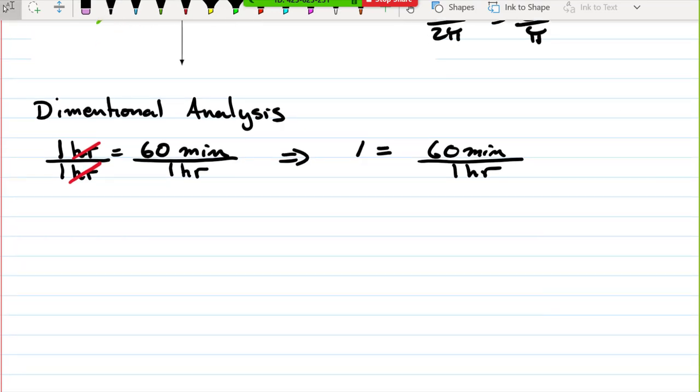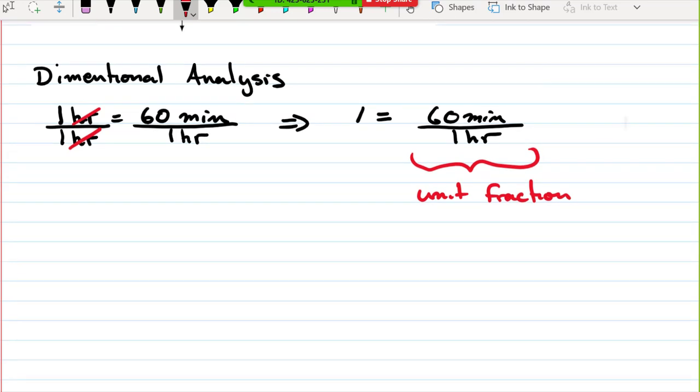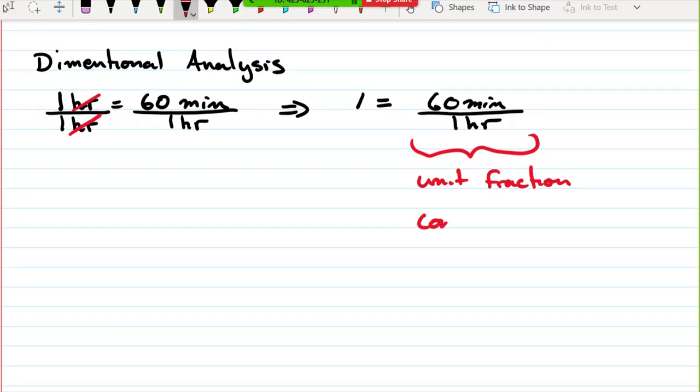So what we have on the right-hand side, we're going to call a unit fraction, or a conversion factor. And the reason we call that is 60 minutes divided by 1 hour is the same as 1. Well, 1 is the multiplicative identity.